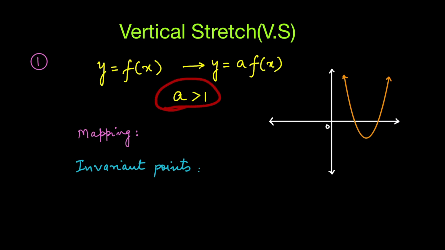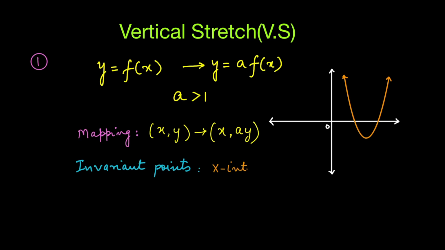First we take a greater than 1. The mapping will be written as (x, y) changes to (x, ay). All the coordinates will change in this manner. The invariant points will always be your x-intercepts. In this diagram we can see there are two x-intercepts, and the a value is greater than 1.